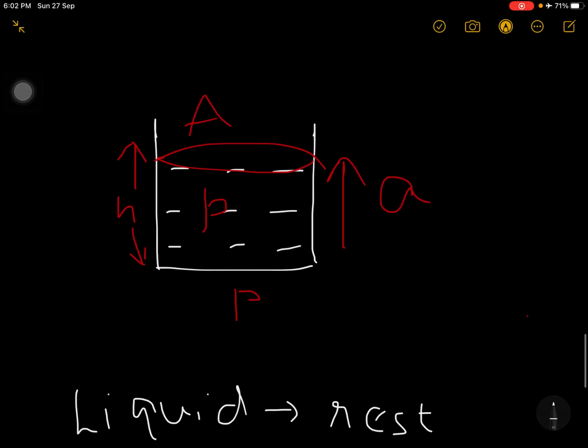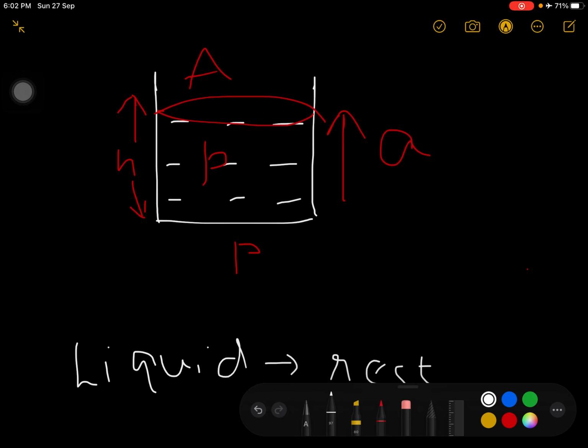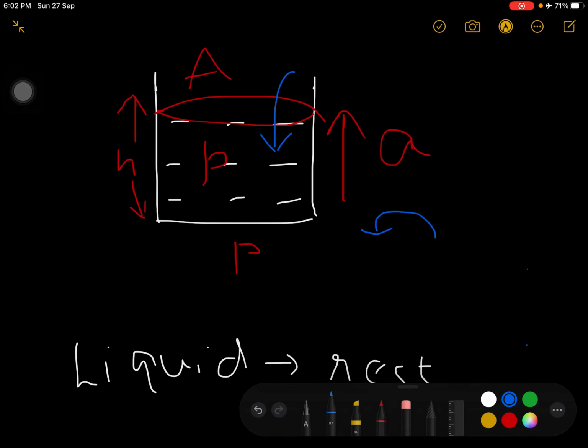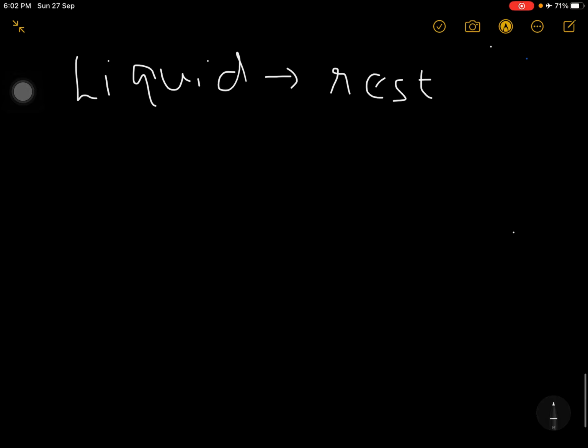Any object inside the fluid also moves with the same acceleration, so it feels that the liquid is at rest. But an object outside would feel that the liquid is accelerating.